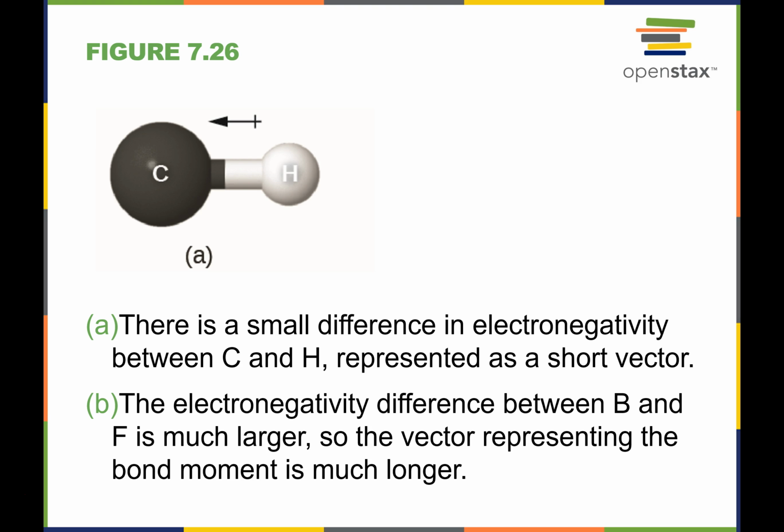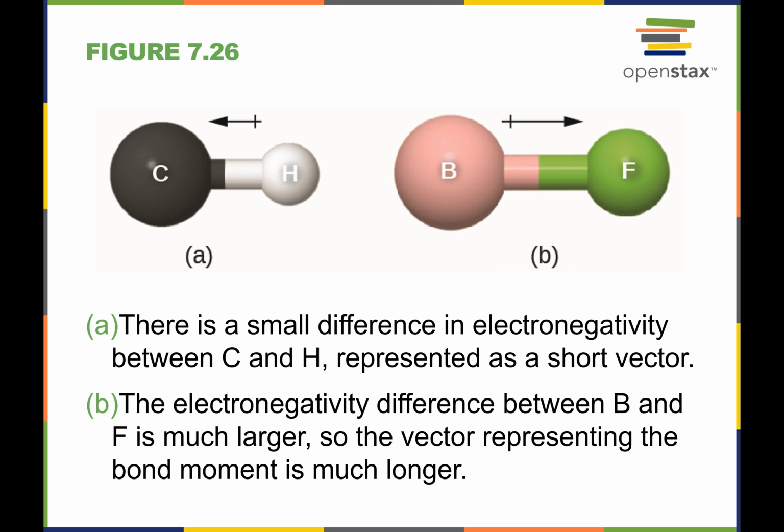Now, again, this is just looking at carbon bonded to hydrogen somewhere in a molecule. The fact that carbon is more electronegative, we would put it at the tip. Hydrogen is less electronegative, so partially positive, and carbon partially negative, and that's what you have going on.